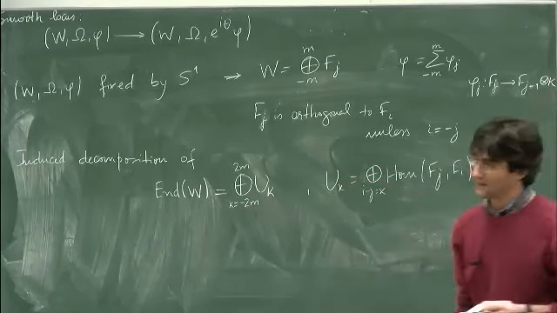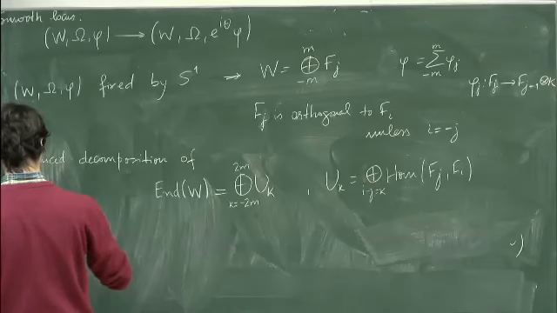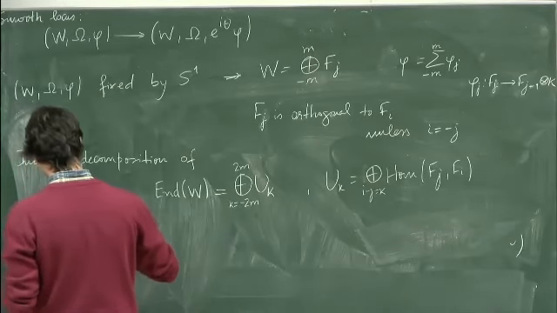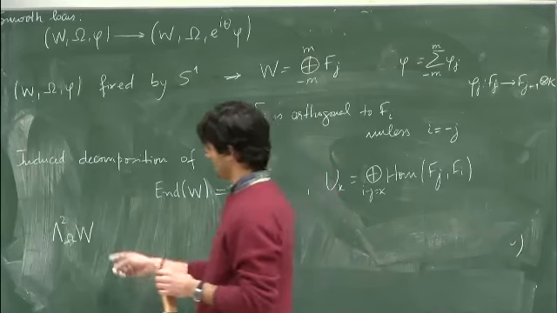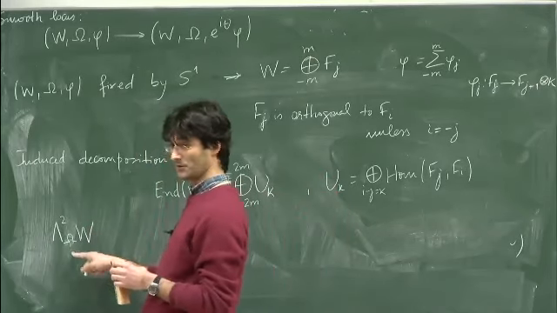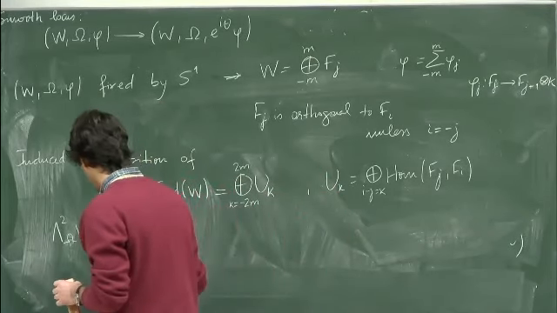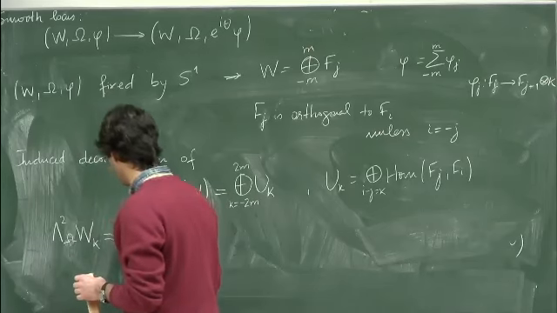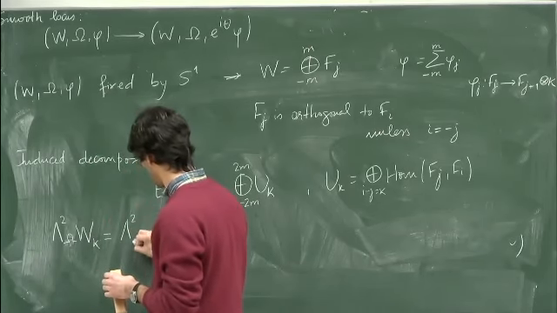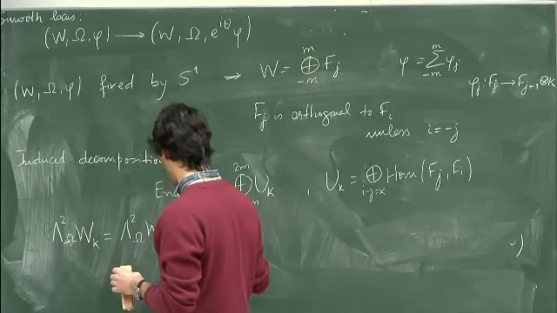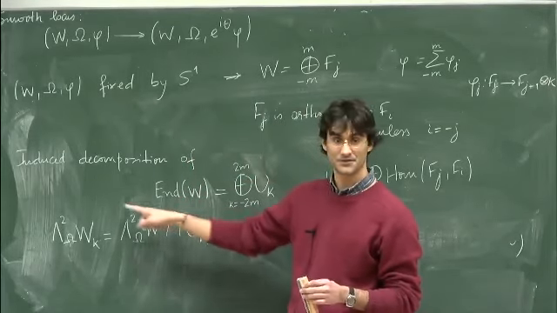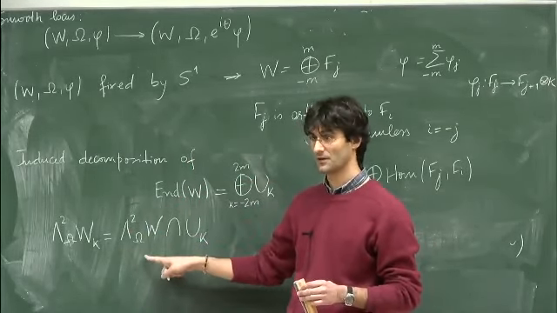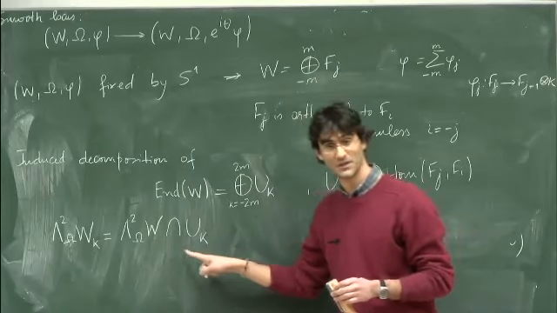And now we define the following. Consider the skew symmetric endomorphisms of W with respect to omega, and put here k, and this is just the intersection of the skew symmetric endomorphisms of W with UK.